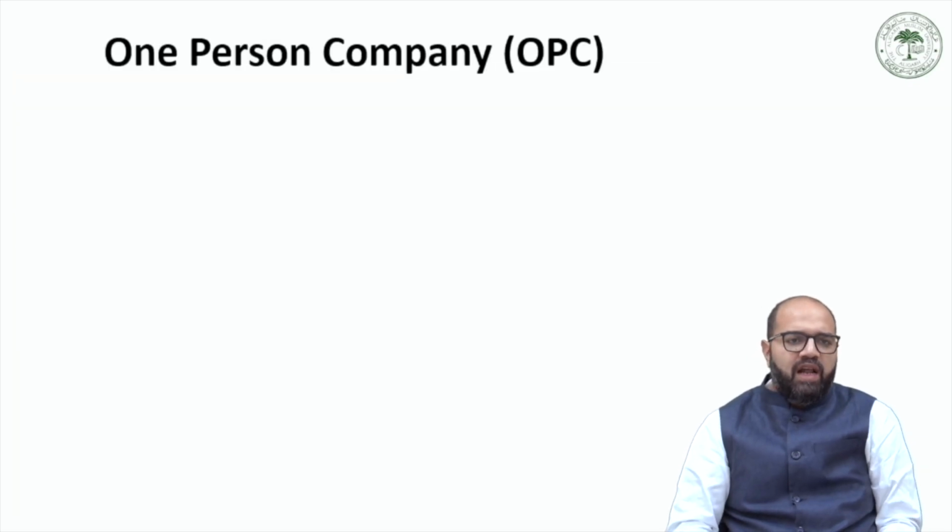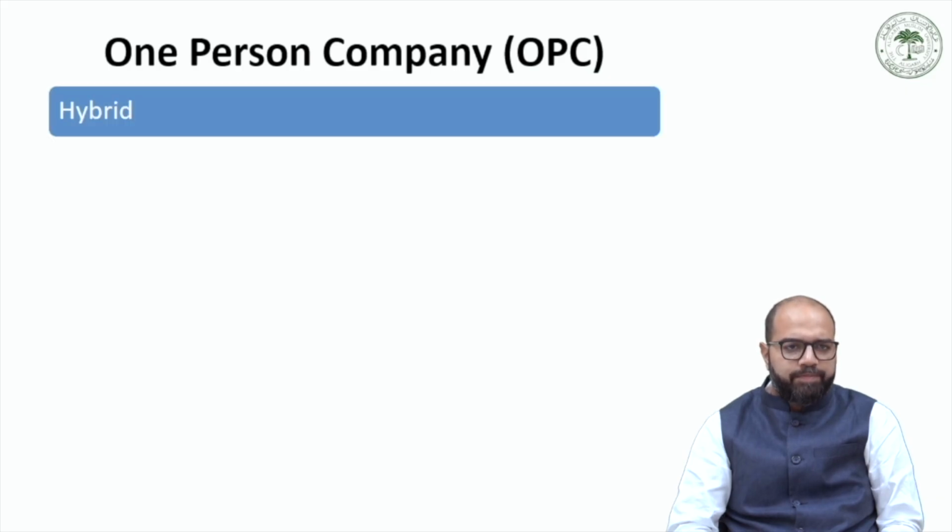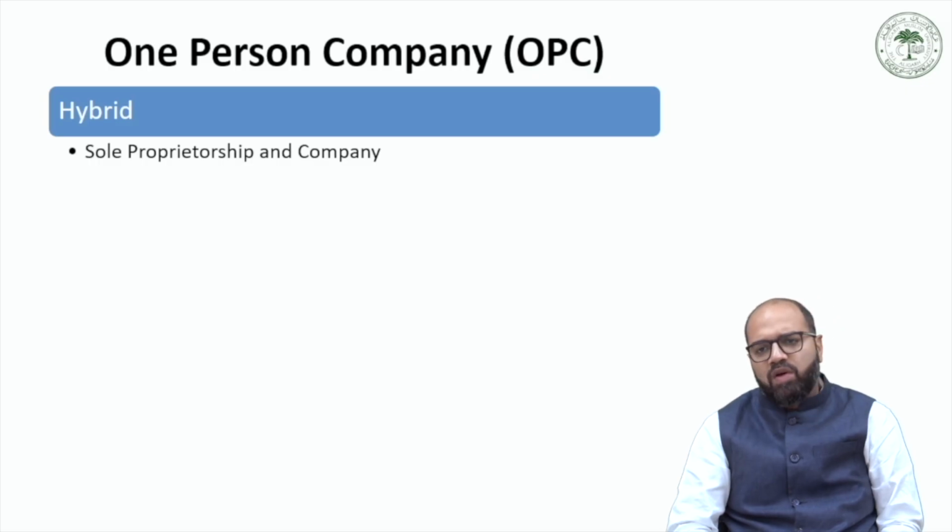Now, let us analyze in more detail some of the features of a one person company, which is abbreviated as an OPC. Now, an OPC is called a hybrid company as it is a combination of two different kinds of business organizations which are entirely different.